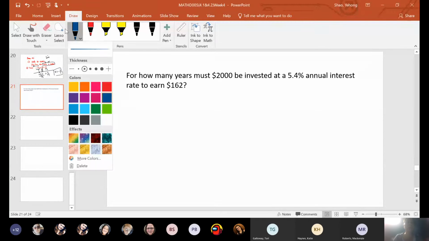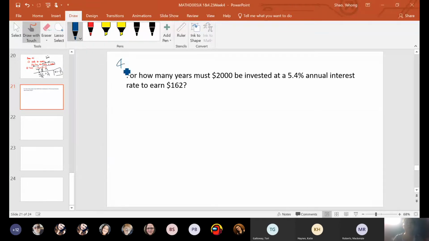Let me mark it here. So this was the homework problem, but I'm going to give you an example very similar. Before that, I'll give you the formula for this type of question. Interest, how do we find interest?